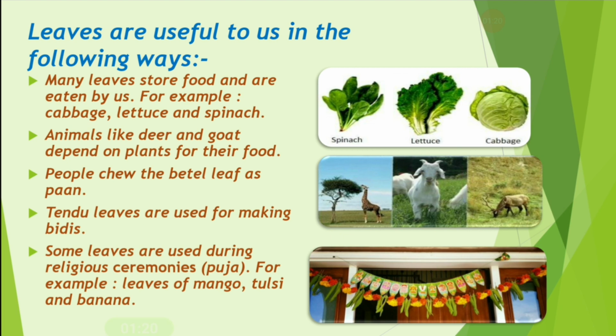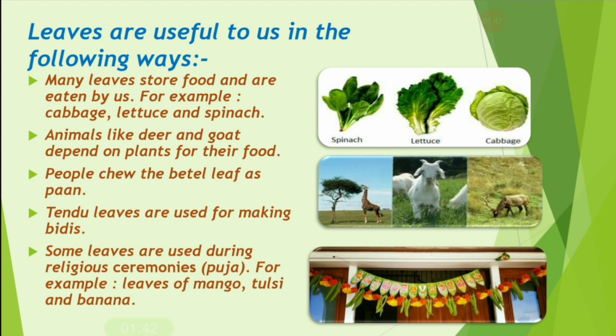People chew the betel leaf as paan. Tendu leaves are used for making bidis. Some leaves are used during religious ceremonies, puja, for example, leaves of mango, tulsi, and banana.